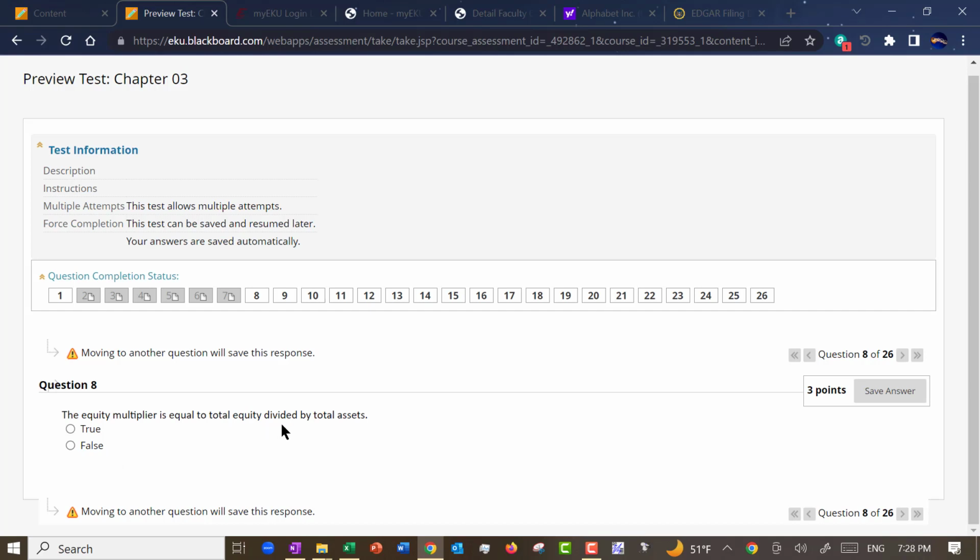Equity multiplier is equal to total equity divided by total assets. Right or wrong? Remember, equity multiplier is 1 plus that equity ratio.